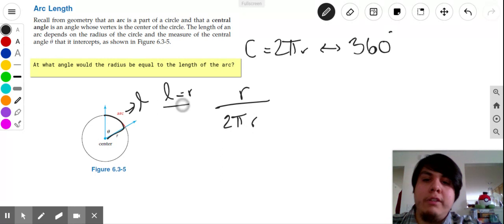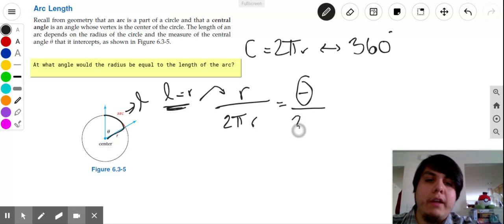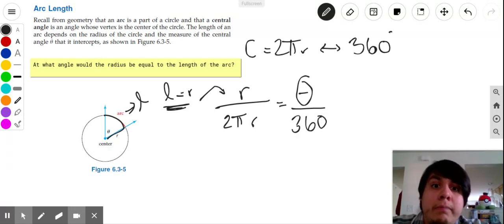Since L is equal to R, that's where that fits in. And that angle theta is part of the entire circle, so it's a part out of the 360. It's proportional, right? So if R corresponds to theta, that means that 2 pi R has to correspond to 360. So now we just need to solve for R if we can.